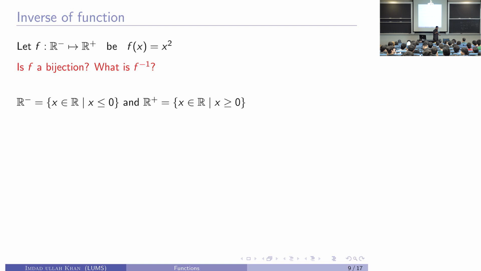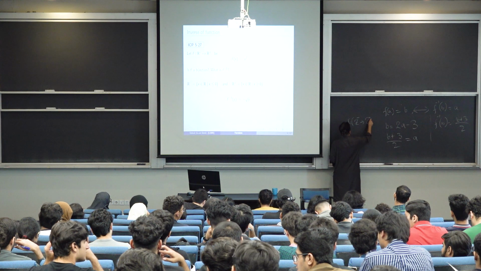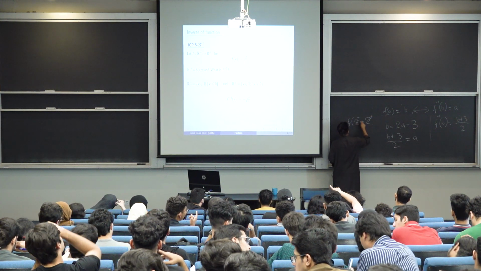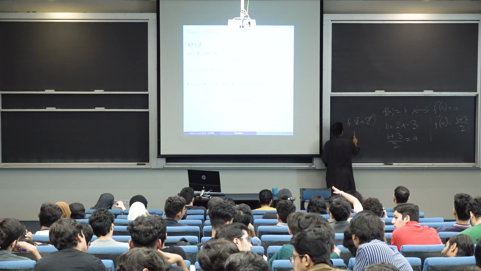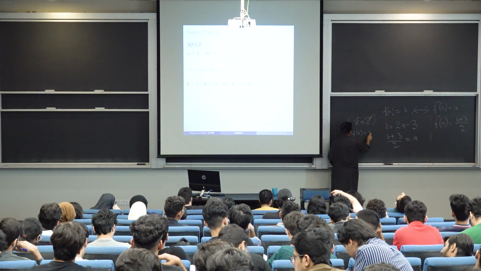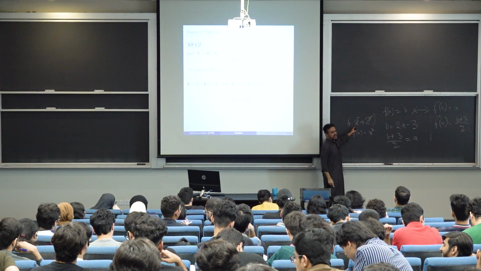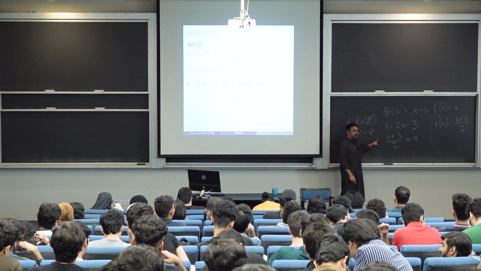Excuse me, sir. Could you explain again how it is onto? Oh, good. Let us think about this. Why is this not onto? Suppose I have this function which takes in negative integers and returns the square of that integer.